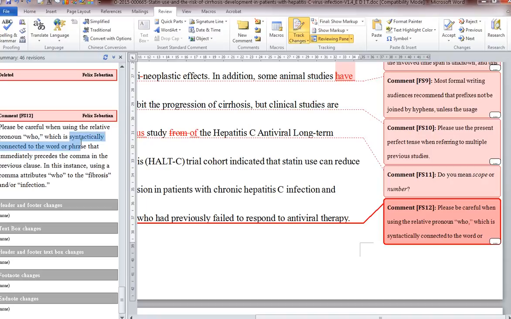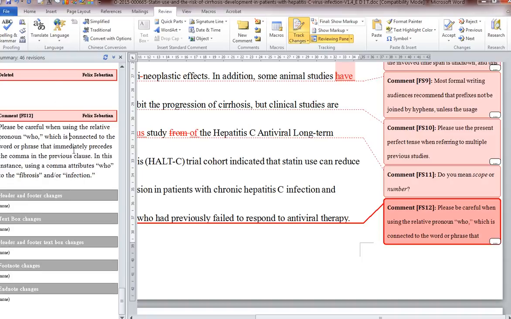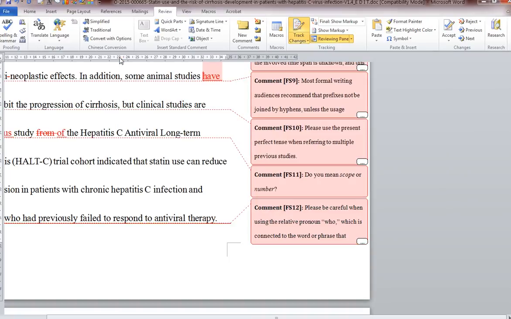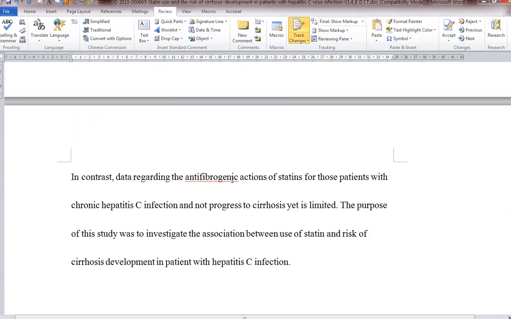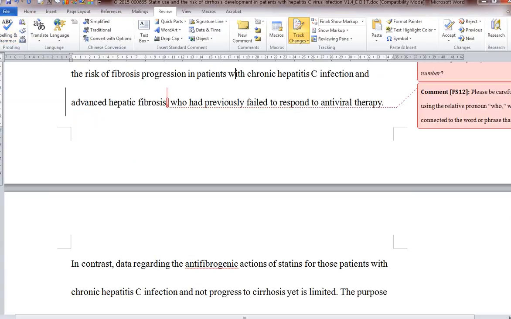If they took our phrase and searched it online, they might find some information that would help them with this particular construction. But I think in this instance, syntactically is unnecessary. Okay, I think I'm fine with that. Take a look at the rest of it.